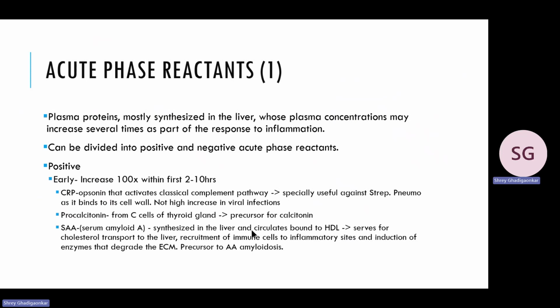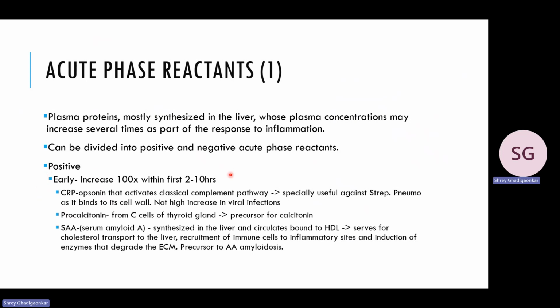Positive acute phase reactants increase in concentration during an acute phase response, whereas the negative acute phase reactants decrease in concentration. In positive, you might have different categories: early, intermediate, and late positive acute phase reactants.